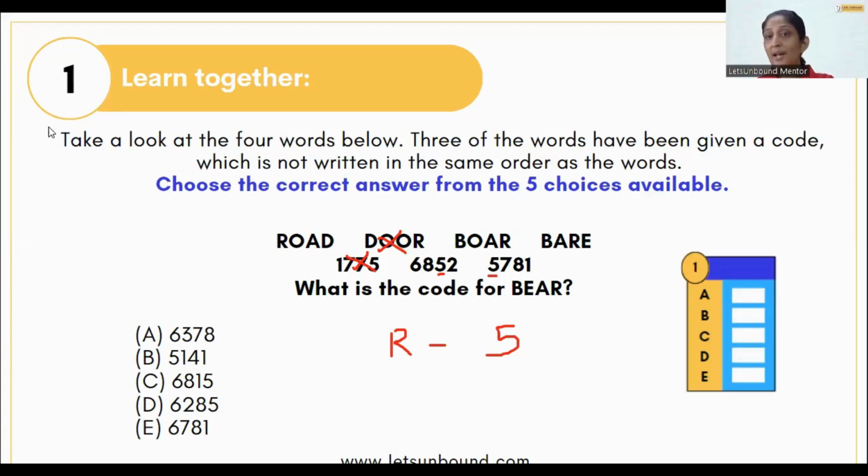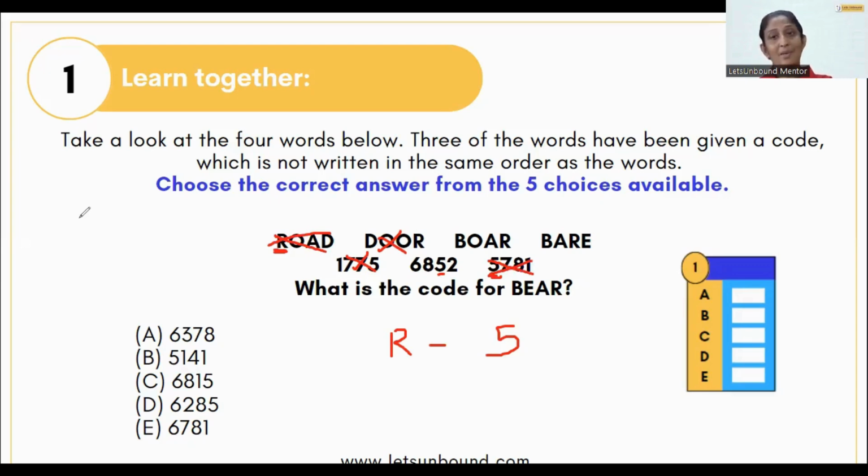Now, in our 2 alphabets that we have, we know that R is the digit. Here we have R as the 1st digit over here. So that means we can easily identify that ROAD is standing for 5781. So we now also cross these 2 out.